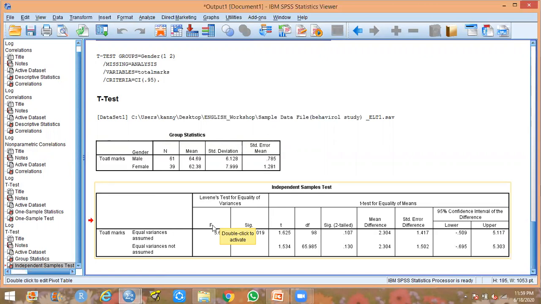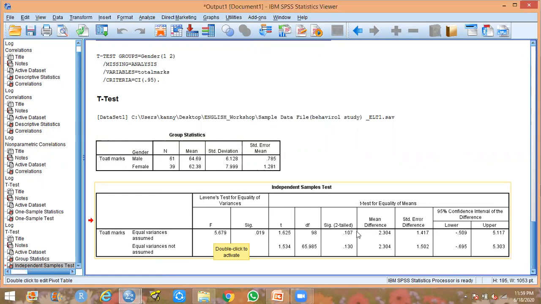Levene's test for the equality of variances will tell you whether there is any significant variation between the marks of boys and girls. This gives an idea about the variance, the significant variation between the groups, and the T test will tell you whether there is any significant difference between the mean marks of the students.